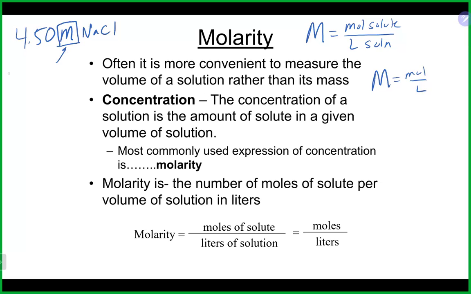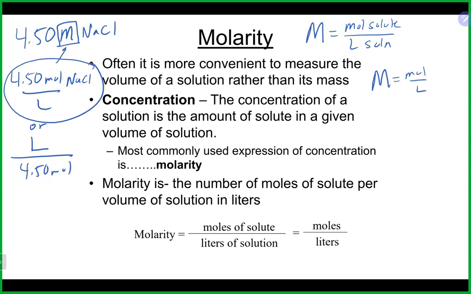And what that means is that is 4.5 moles per liter of sodium chloride. The number always stays with the moles part, and it's always per 1 liter. You could use that as a conversion factor if you needed to, and you could flip it around the other way and put the moles on the bottom and the liters on top. But this way is probably the proper way to do it.